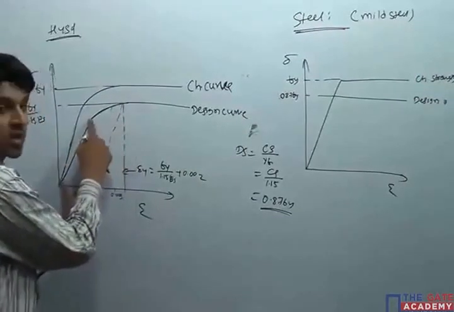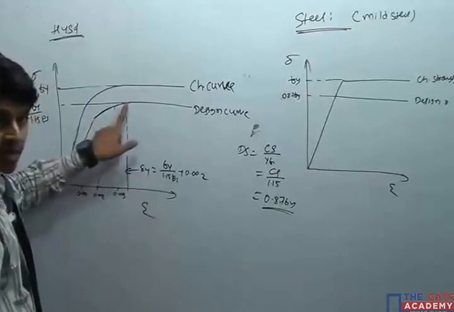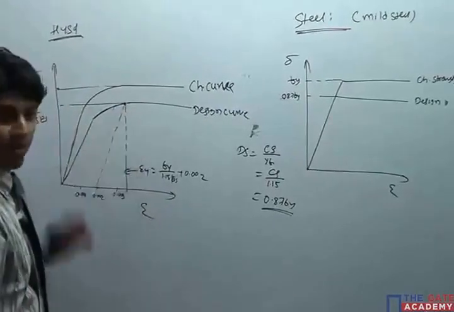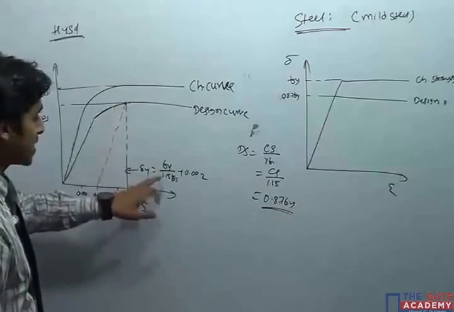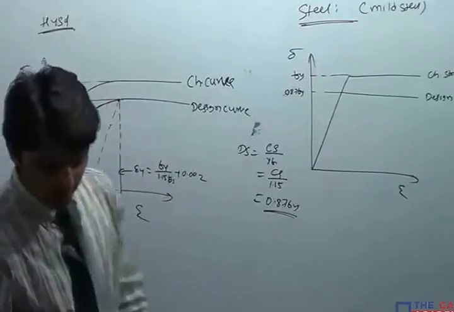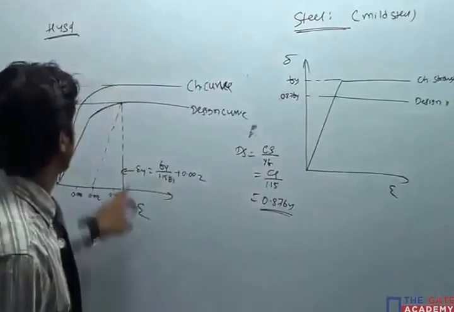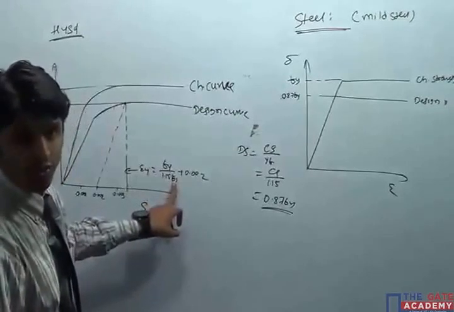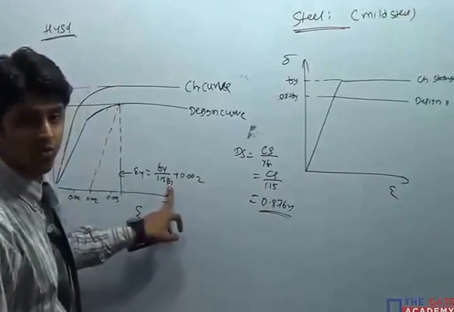Wherever this line meets the curve, this is the arbitrary or temporary yield point, from which I am erecting a perpendicular. The strain at this point is Fy divided by 1.15 Es plus 0.002, where Es is Young's modulus of steel, which is equal to 2 into 10 raised to 5 megapascal.